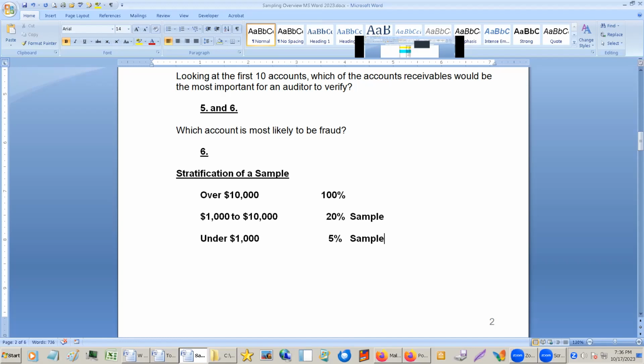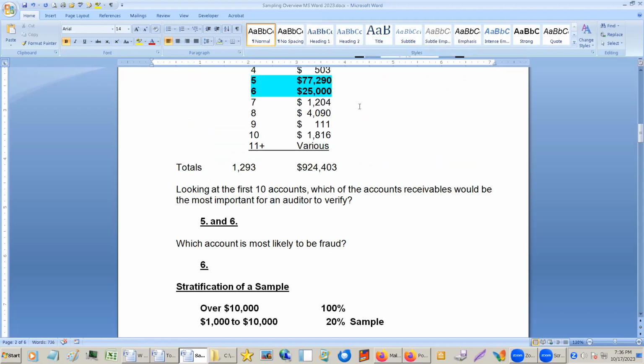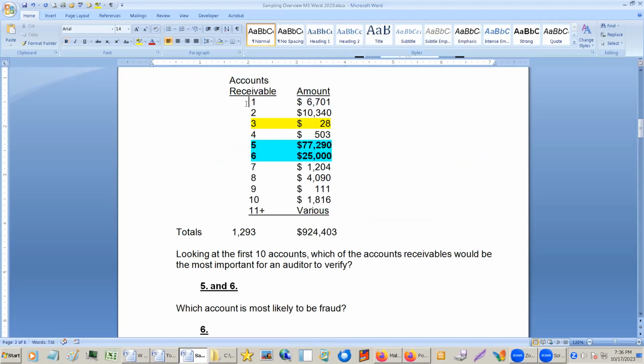So anyway, these are how you kind of stratify this, especially if you're trying to pick a random sample. A random sample will say all these are the same, whereas actually you are a little bit more interested in the larger numbers rather than the smaller numbers.